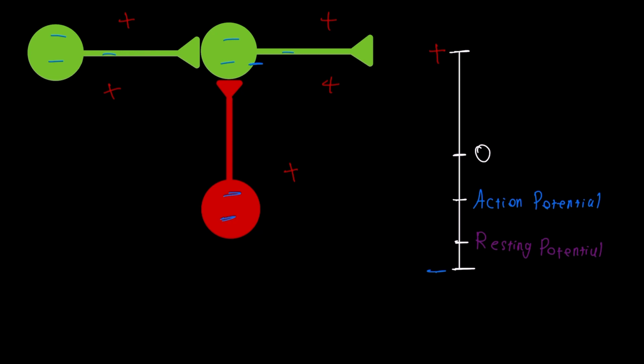But the excitatory neuron, which is the green one, is going to send excitatory impulses, meaning that if the impulse of this one is stronger than the impulse of this one, we're going to move in this direction, and you could potentially have an action potential if there's enough excitatory signal.